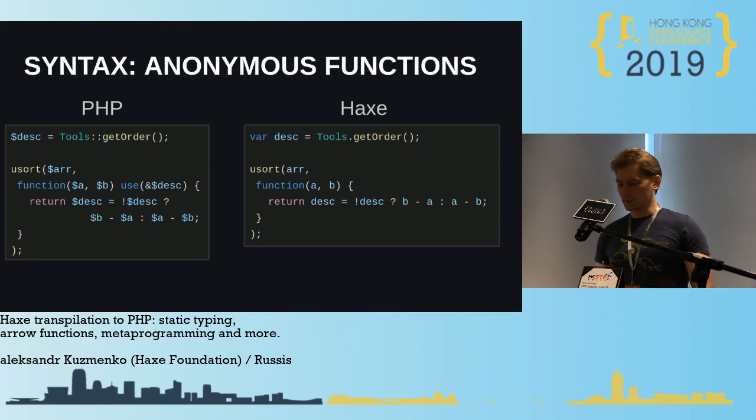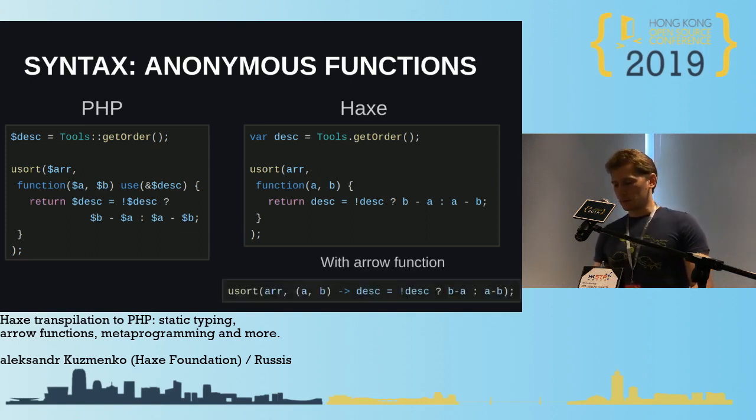Also, you may notice the differences in variable declaration. There are no ampersands. Haxe can find out if an identifier is a variable or some sort of constant, but instead, at the declaration side, you have to use the keyword var to hint the compiler that this is actually a variable.